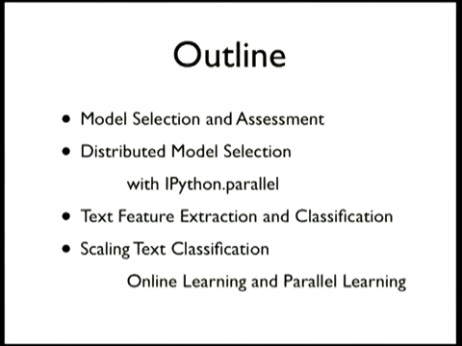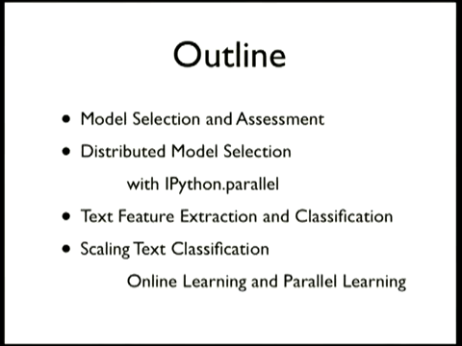One of the motivations for dealing with this during this tutorial is that this specific kind of task that we do on a regular basis in machine learning is almost all of the time embarrassingly parallel, and so amenable to scaling on a computer cluster using IPython parallel. So we will have in the second section an introduction to IPython parallel and an application to the topic of the first section, which is model selection.